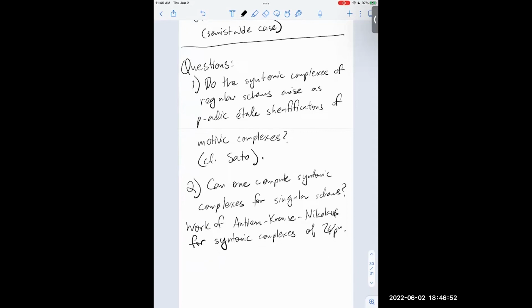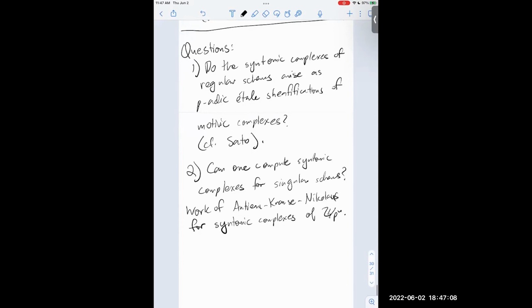And one motivation for them was the synthomic complexes of Z/p^n are closely related to the K-theory of Z/p^n, which has been a long-standing open problem, the p-adic K-theory of Z/p^n. Yeah, so they have some methods for studying the synthomic complexes in this case. Okay.